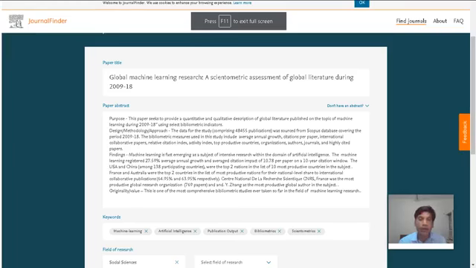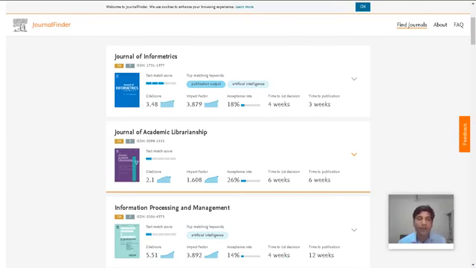Once you are done with this step, the Journal Finder will suggest some of the best journals suited for your publication, and here you can see it will tell you the impact factor of that particular journal, chances of acceptance, like here it is showing 18%, and how much time it will take to publish your paper. Likewise, you can see which journals will best fit your manuscript.